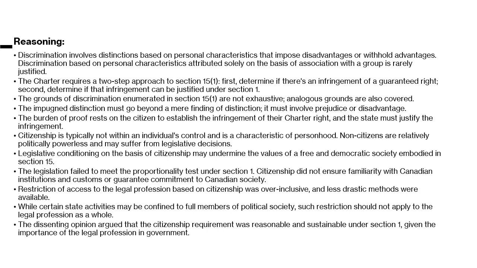discrimination based on those grounds over which a person has no control is prohibited by Section 15. Discrimination involves distinction based on personal characteristics that impose disadvantages or withhold advantages. Discrimination based on personal characteristics attributed solely on the basis of association with a group is rarely justified.